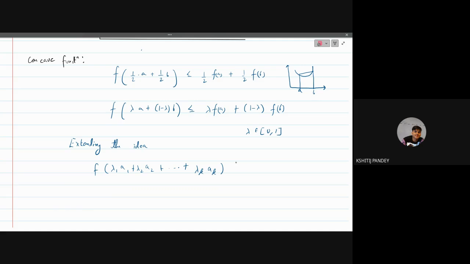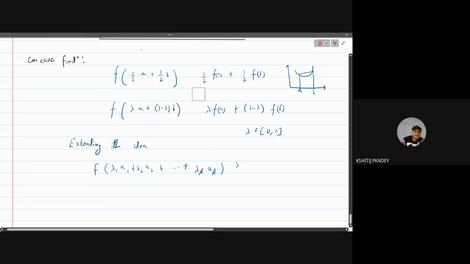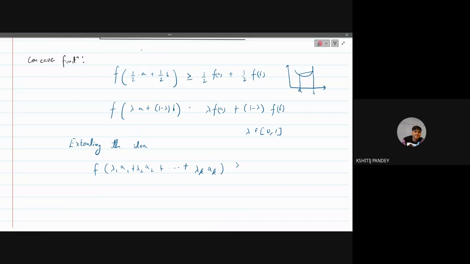And here we have a mistake. For concave, this will be greater than or equal to.